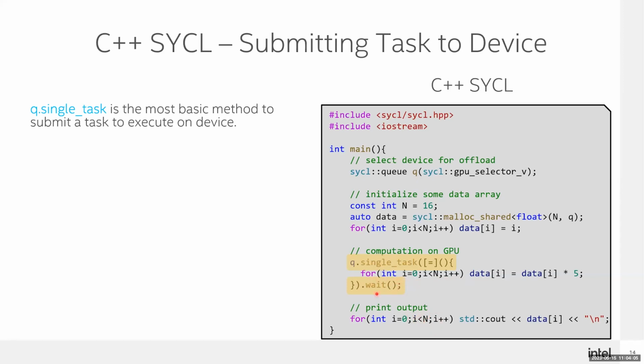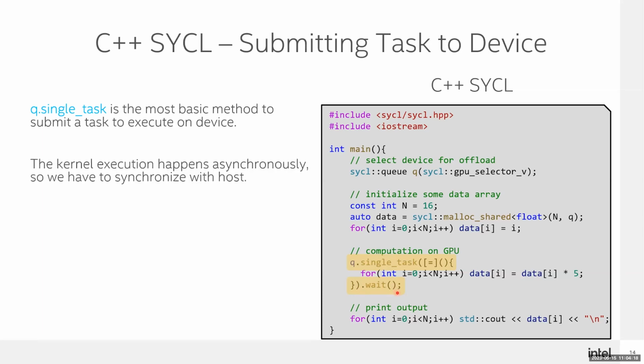If you don't have this wait, then the print actually happens while the computation is still going on, and you may not get the right result. So that's the reason you have this wait, which will mainly help you to synchronize between the GPU and the CPU. This wait method helps you pause until the computation is complete, and then you're ready to print the output.